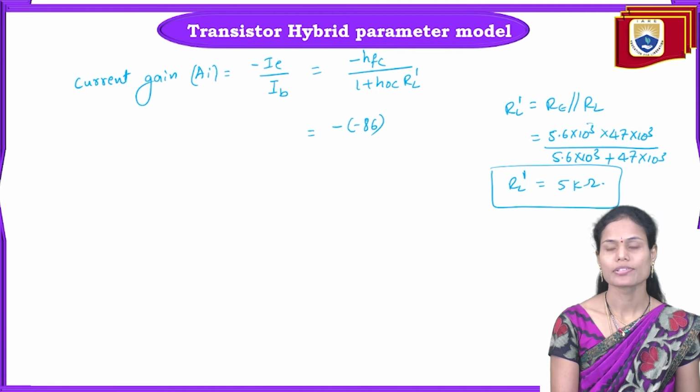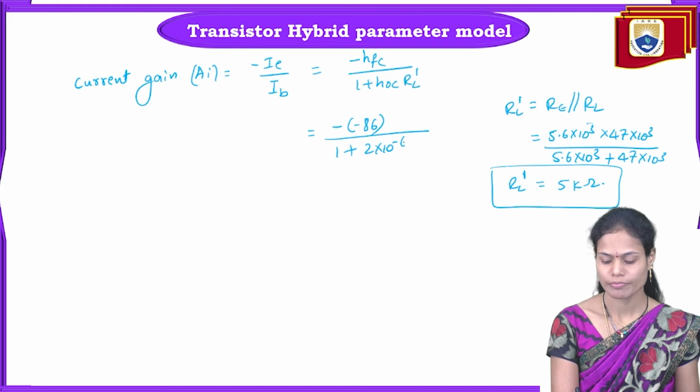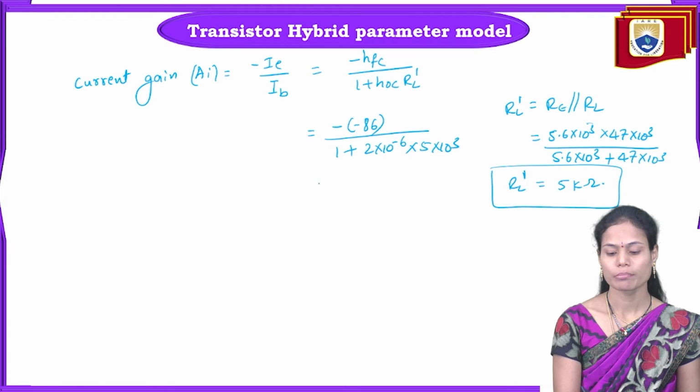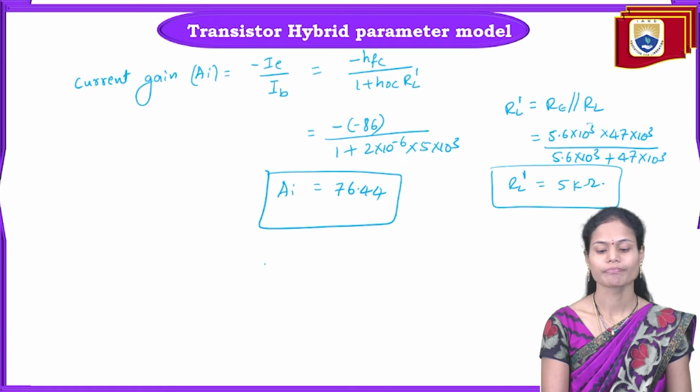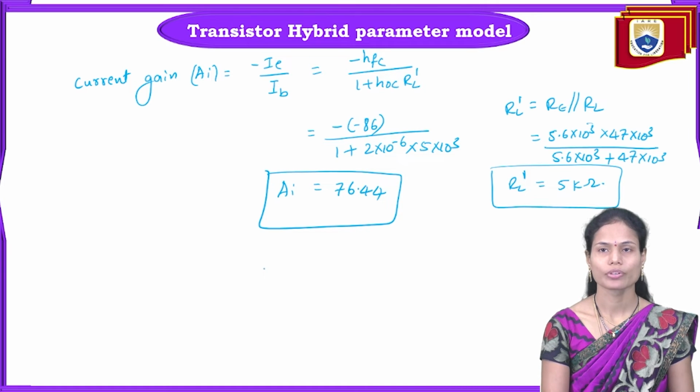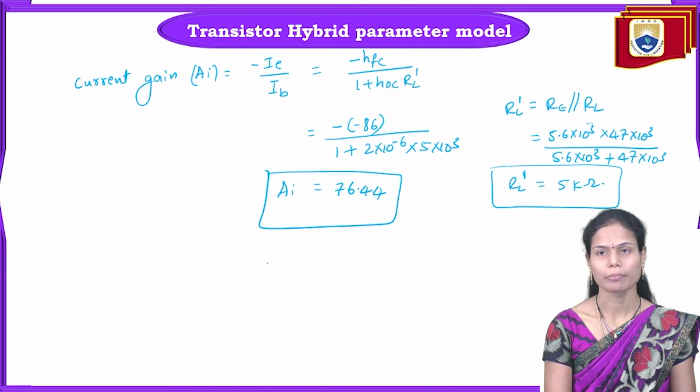So minus of minus 86 divided by 1 plus HOE, which is 2 micro amperes per volt, into RL dash, which is 5 kilo ohms. If we simplify this, we will get 76.44 as the current gain. Okay, 76.44 is the current gain of this given amplifier circuit.